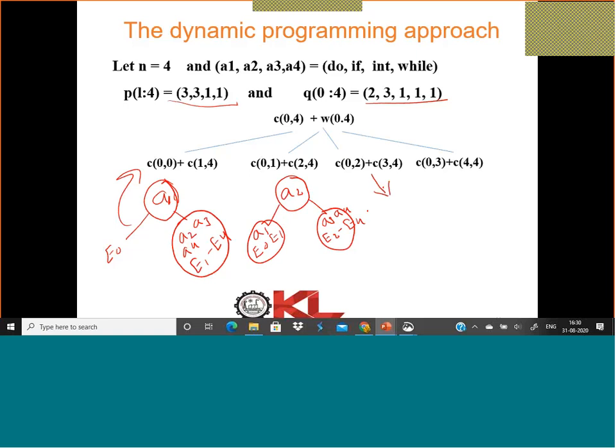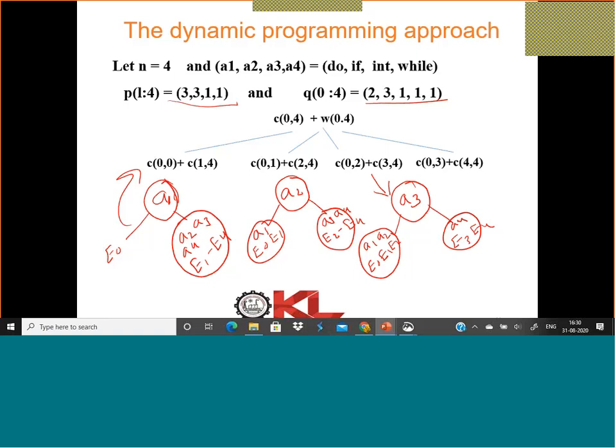Similarly, if I select this particular one, why am I getting this combination? If I select A3 as a root element, then the left subtree contains A1 and A2 and E0, E1, E2. The right subtree contains A4 and E3, E4.